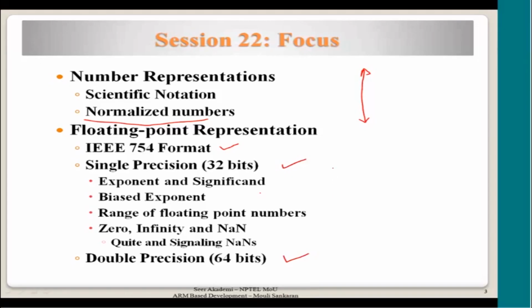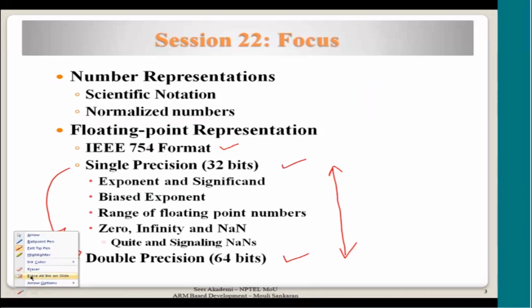We are going to talk more about single precision here, and I will introduce you to double precision, which is nothing but an extension of single precision. So maybe we can take it as an assignment to write up a small paper on double precision numbers. Okay, so get ready, this is a very interesting topic. I am very happy to share this with you. Okay, let's start.